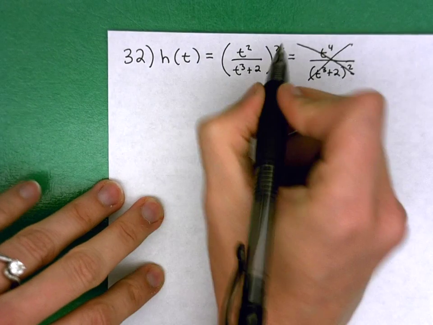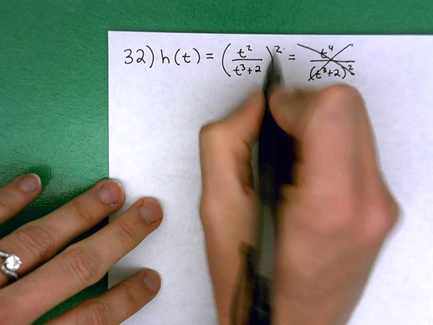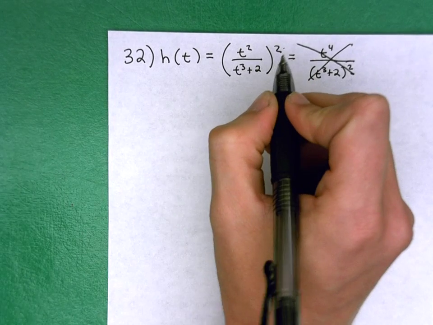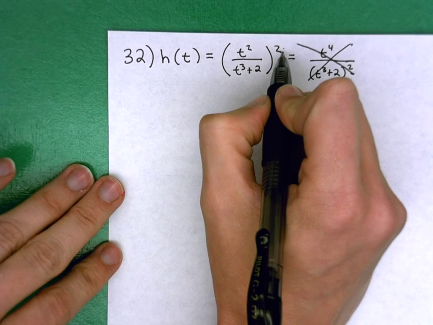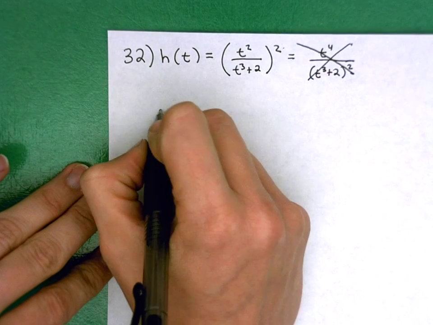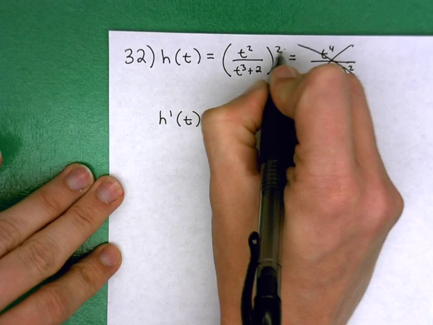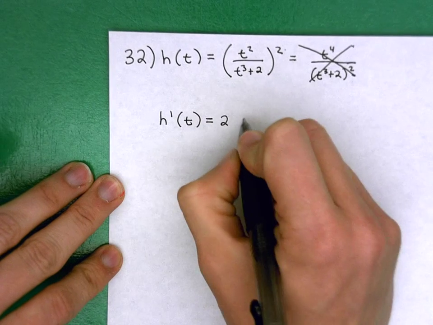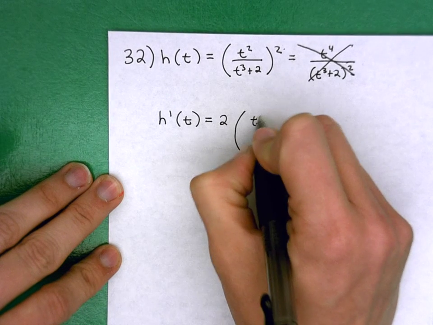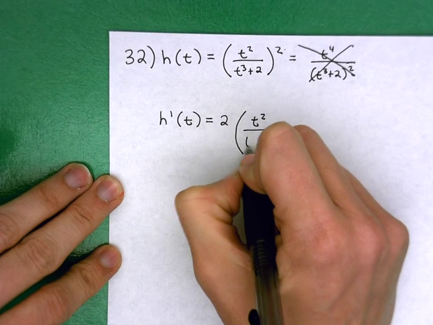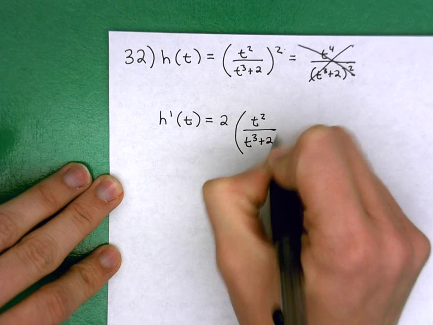Right? And so I'm looking here, I see massive parentheses, so I'm thinking chain rule. Okay, and so I'm going to be looking for that outside function, which in this case is that 2. So derivative of h of t is h prime of t. I'm going to bring down that 2. And I'm going to subtract 1 from the exponent, but leave the guts alone.